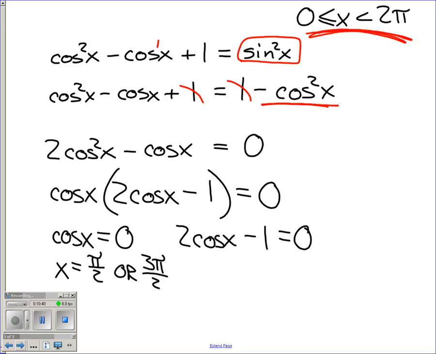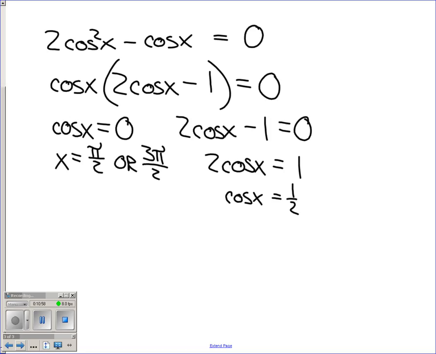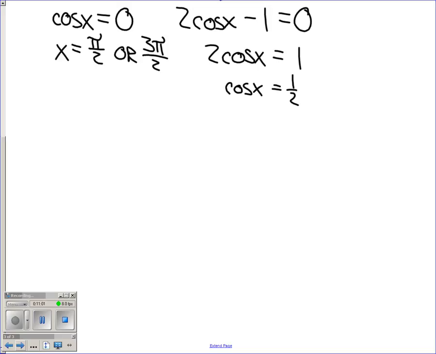Let's take the second factor. Let's add 1 to both sides. So 2 cosine of x is equal to 1, and then divide both sides by 2. Cosine of x is equal to 1/2. Again, where does this occur the first time through one complete revolution on the circle?